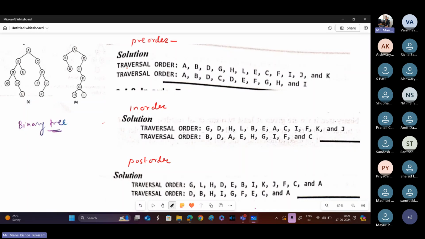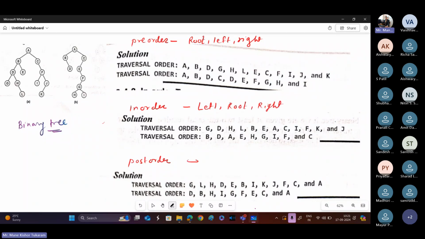Okay, so inside the pre-order, what happened? Root, then left, and then right. Here, left, root, and right.